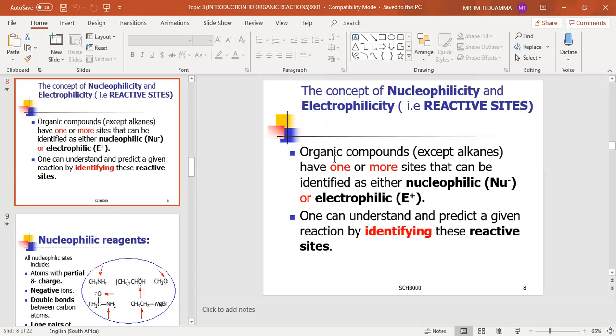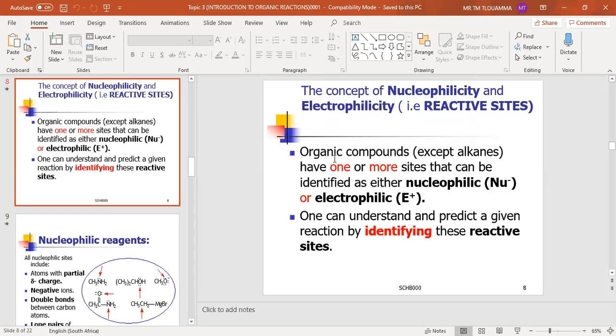So here they're saying that the organic compounds except the alkanes have one or more sites that can be identified as either nucleophilic, which is denoted by Nu, and they're saying it's negative, right? Or electrophilic, which is denoted by letter E, which is positive.